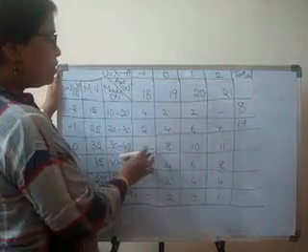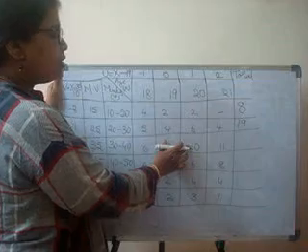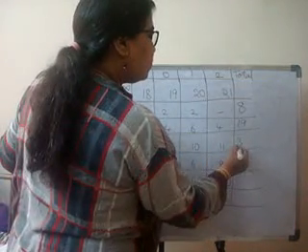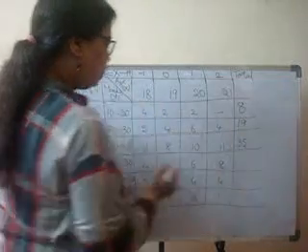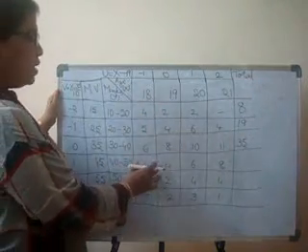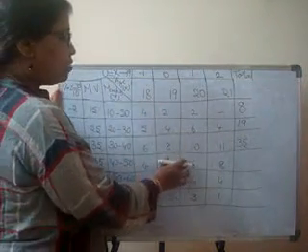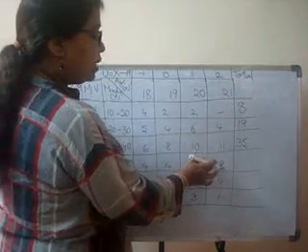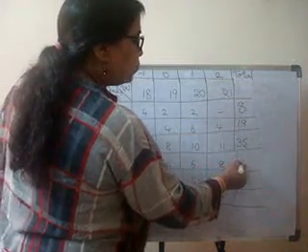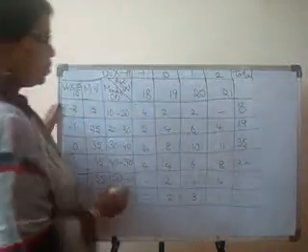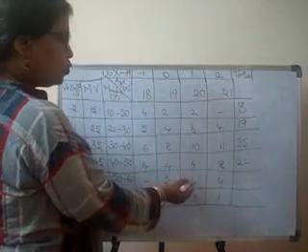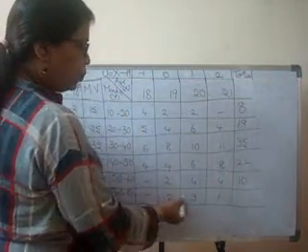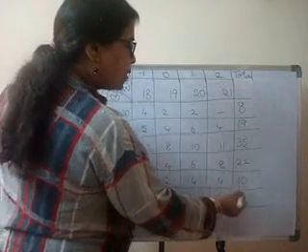And here, 6 plus 8, 14, 14 plus 10, 24, 24 plus 11, 35. 4 plus 4, 8, 8 plus 4, 14, 14 plus 8, 22. 4 plus 2, 6, 6 plus 4, 10. 2 plus 3, 5, 5 plus 1, 6.